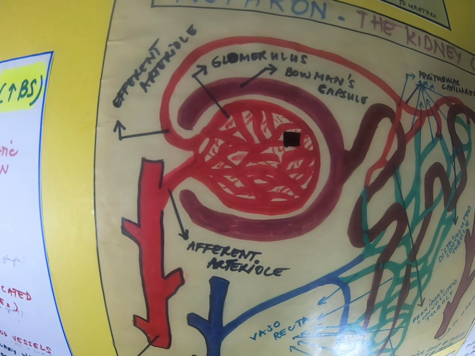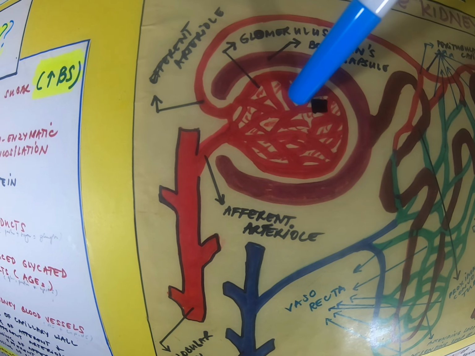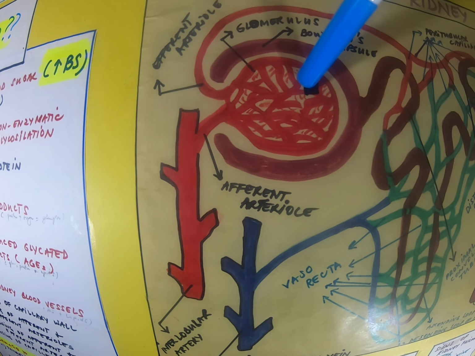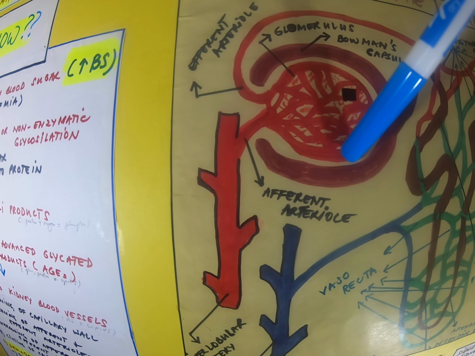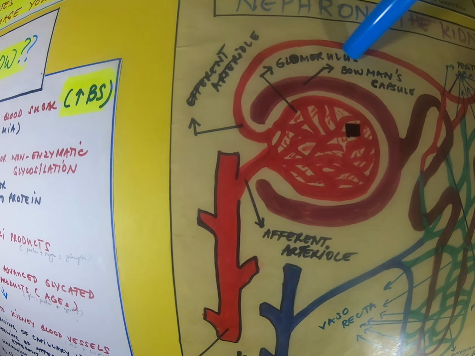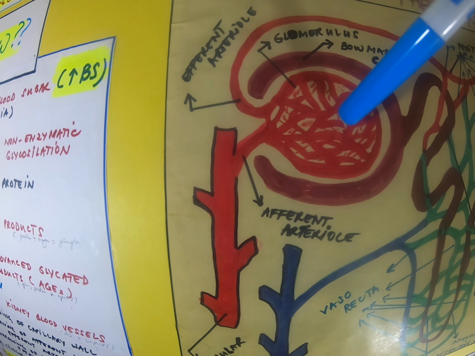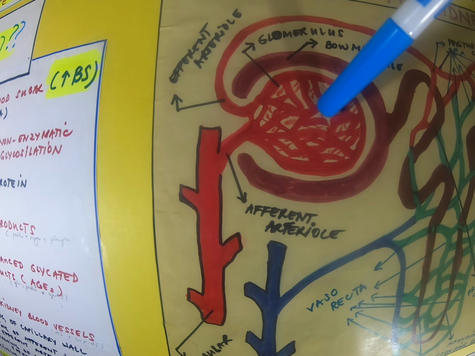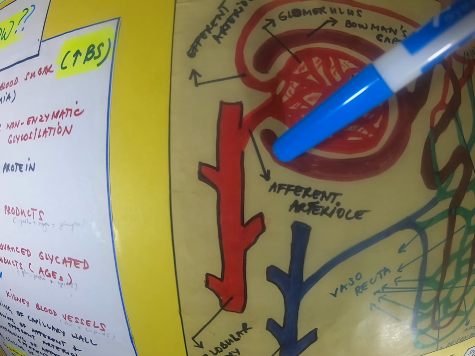So they go the opposite way, and that will give us a lower hydrostatic pressure. If we constrict our afferent arteriole and dilate our efferent arteriole, then we have a low hydrostatic pressure, and filtration will not happen. So that will fail.